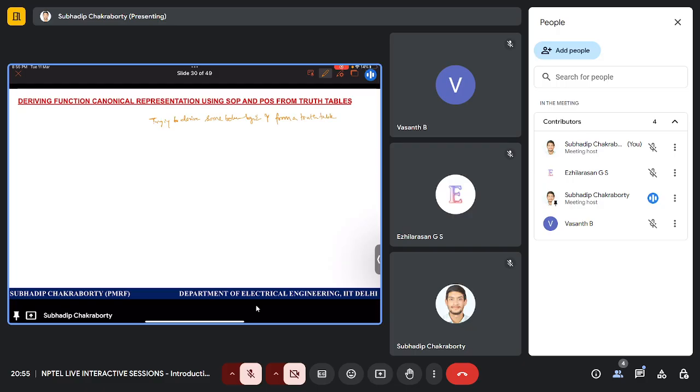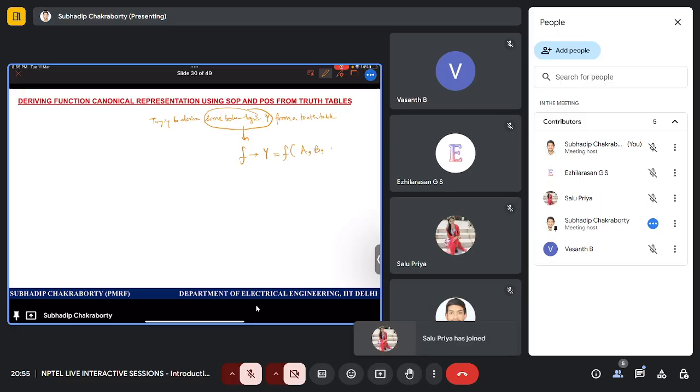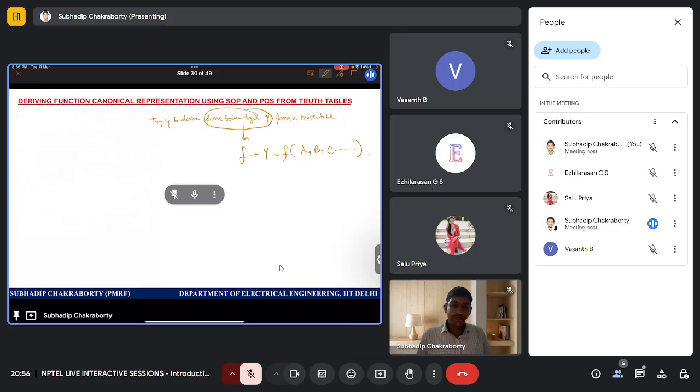Now, this Boolean logic is a function which we denote as y, and it is a function of several terms or literals, right? Now, there are two representations. Either this will be the SOP form or the POS form.